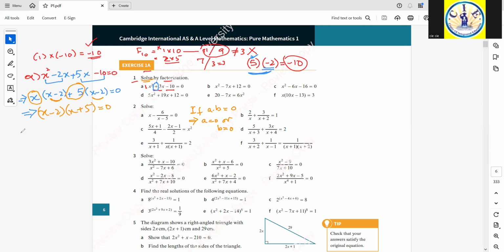So that would mean either x minus 2 equals to 0 or x plus 5 equals to 0. So that will give me x equals to 2. And solving this equation, I can have x equals to negative 5. So these are the values of the variable x. So our part A has been solved.